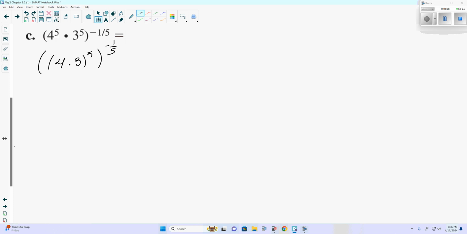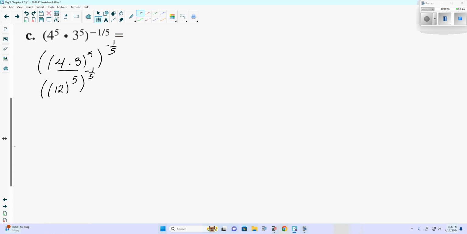Since they both have the same exponent, we can move it out. What does that leave inside? Well, what is 4 times 3? Because they both have the same exponent, we can pull it out, back up into an exponent, and do 4 times 3. Questions on how we got to here?